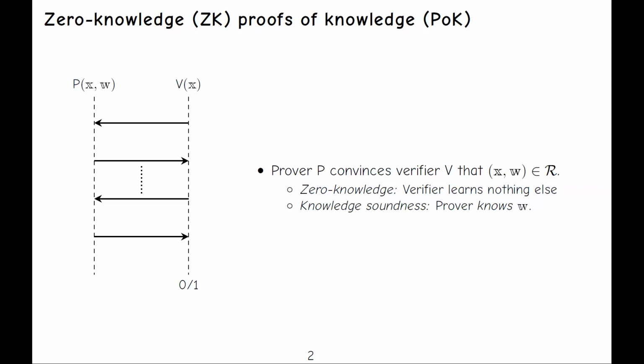This is the knowledge soundness property of the protocol. But we also want zero knowledge, so the verifier should learn nothing but that the prover knows a witness for this statement. And this is a very useful primitive, both in theory and practice, and there's been a lot of research in many directions in zero knowledge proofs.